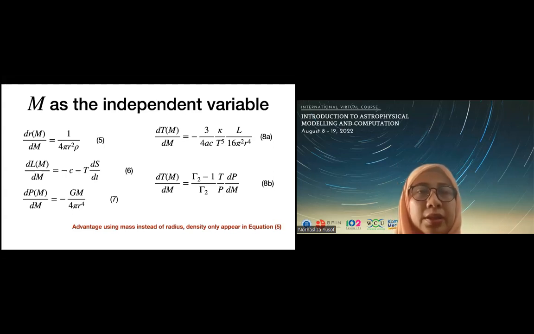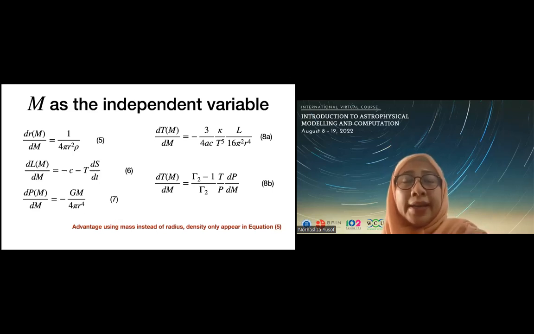Because another thing I forgot to mention is that we have what we call the equation of state. The equation of state depends on pressure and temperature. So when we want to calculate the equation of state of the star, it is very important. For an ordinary star, the equation of state comes purely from the ideal gas condition.